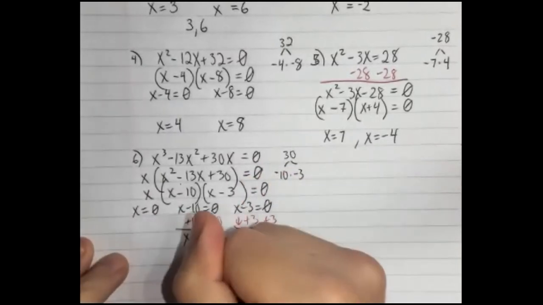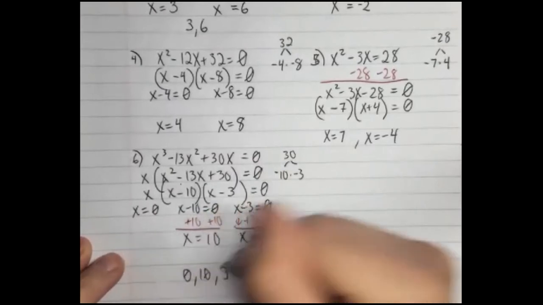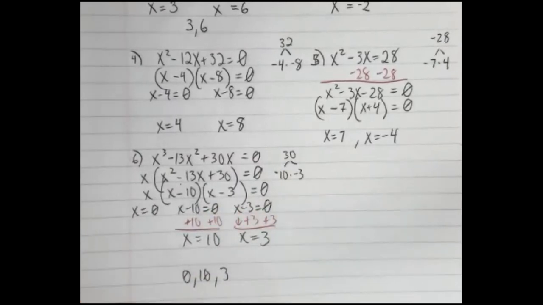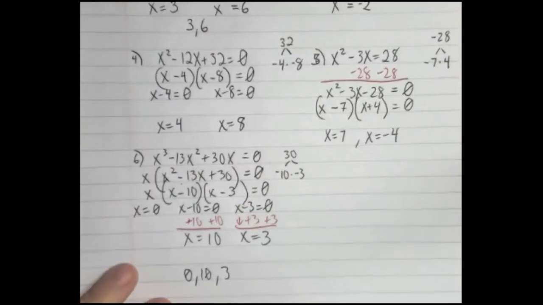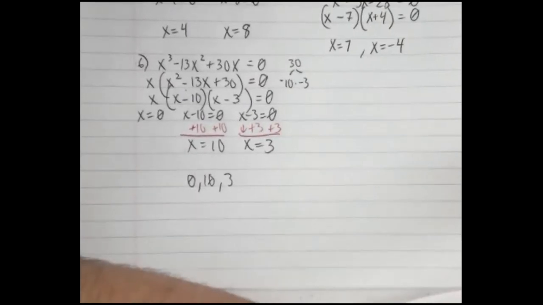So when I enter my answer, I'm going to enter 0, comma 10, comma 3. And the order doesn't matter. If I put 3, 0, 10, or 10, 0, 3, however you want to enter those answers in, it'll take either one. Let's see if I've already entered number 6.